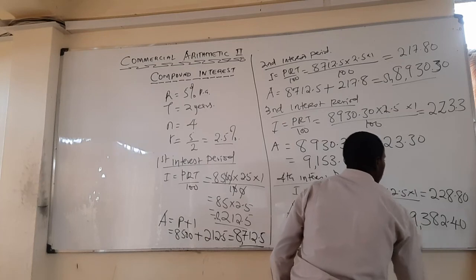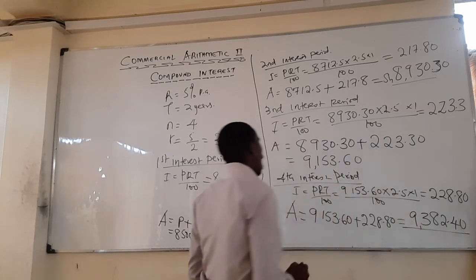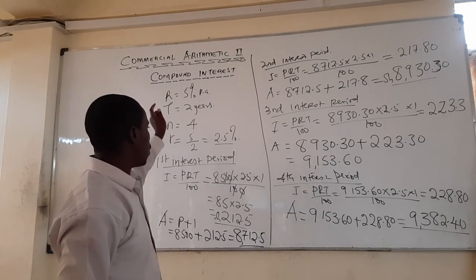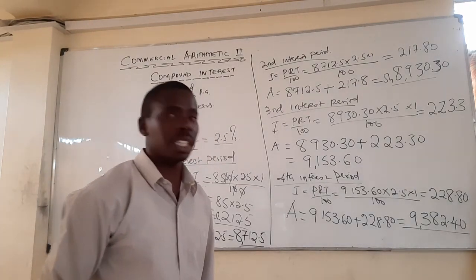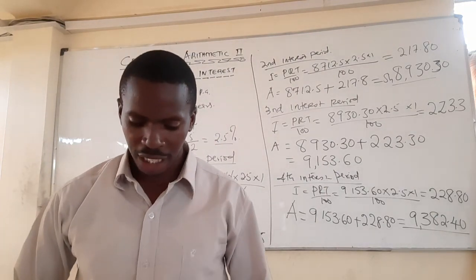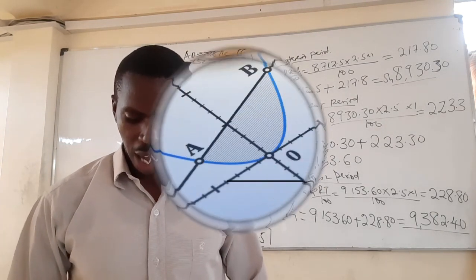That's the approximate amount that you're going to have after 2 years, when 8,500 is compounded semi-annually. That's the process of getting a compound interest.